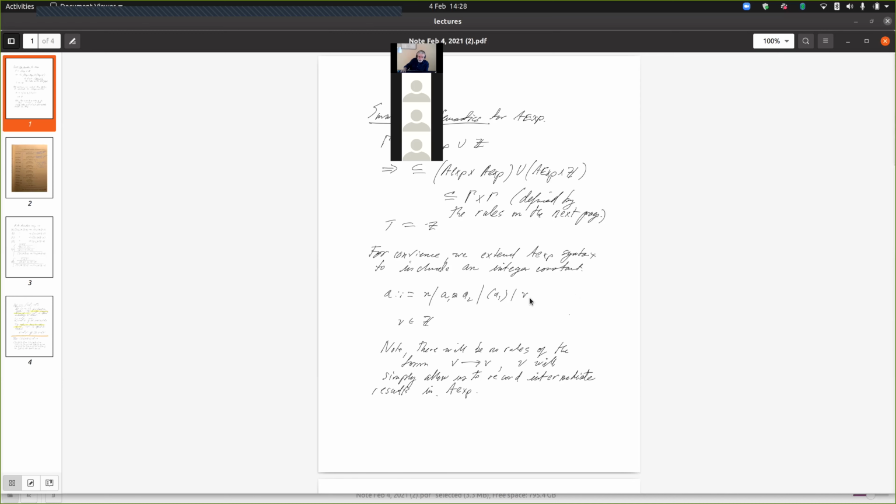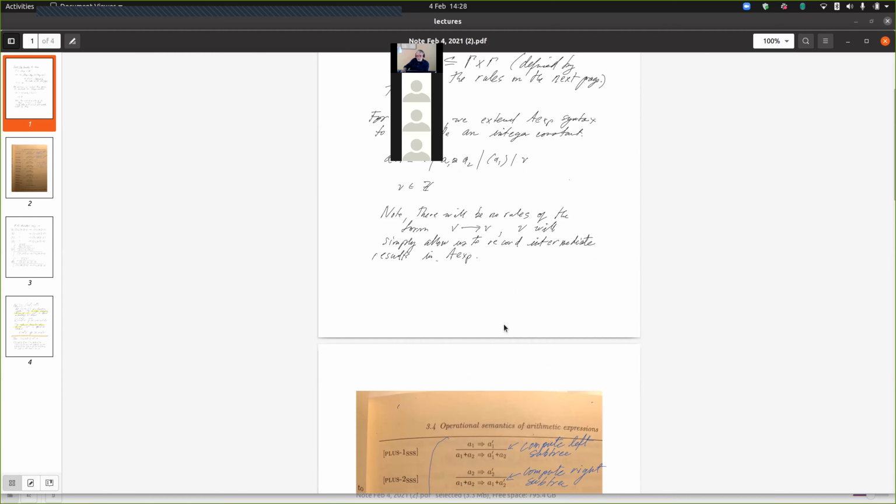So now I have not only numerals but actual integers, but there will be no rules of the form v arrow v, doing something directly to a single integer. Otherwise, we'd get stuck in a loop. The v's allow us to say this part of an expression A1 evaluates to the integer 7, and now we'll do the right part.